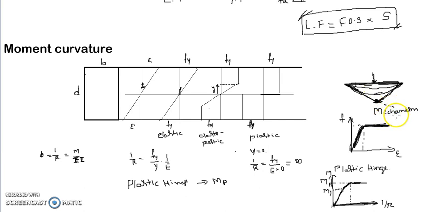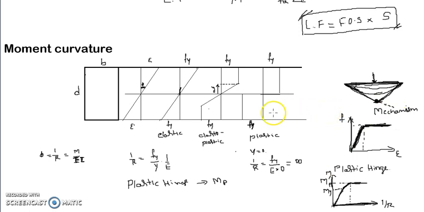I am taking a simple structure here, and I will come back to explain what exactly a mechanism is. Even if you remove the loading after the moment has become more than the plastic section moment, the beam will become a mechanism.